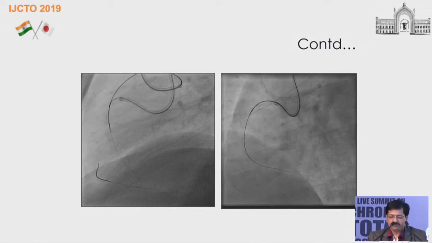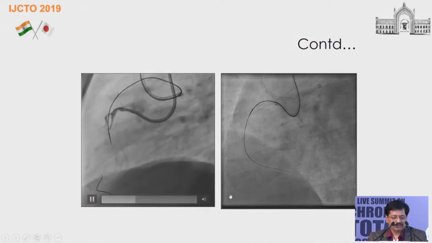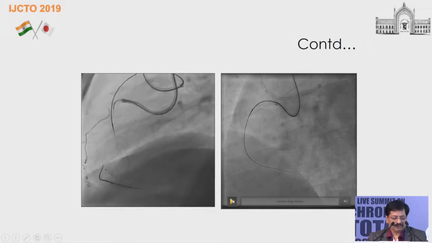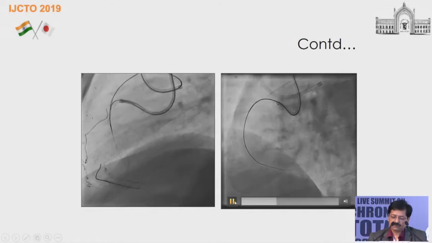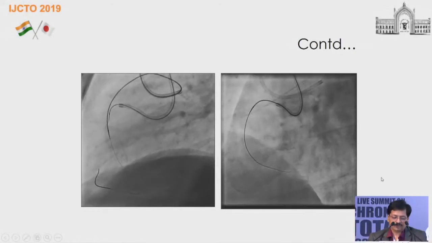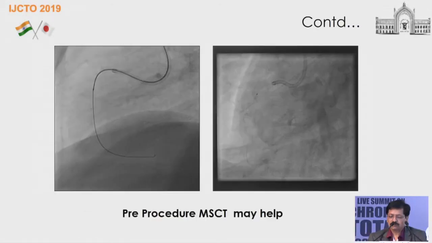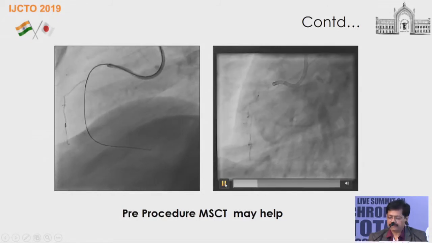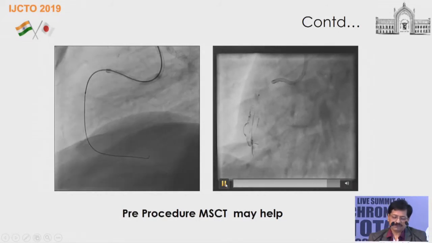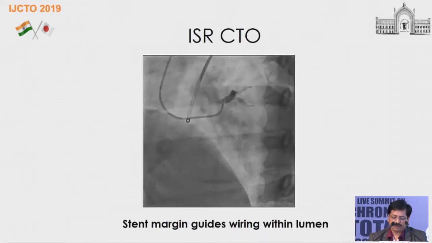For this type of thing, if you study the prior CT, it may guide you as to how difficult it is. So this is the difficulty, and pre-procedure CT may guide you that this is a difficult case and you have to prepare, maybe a laser wire can be passed, and nowadays atherectomy can be done.